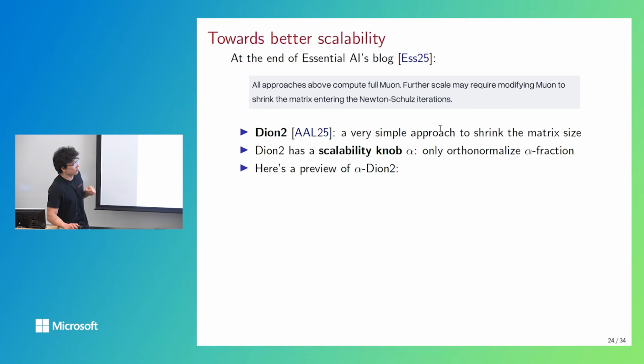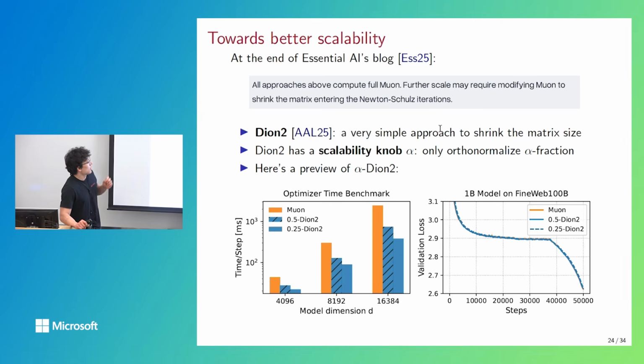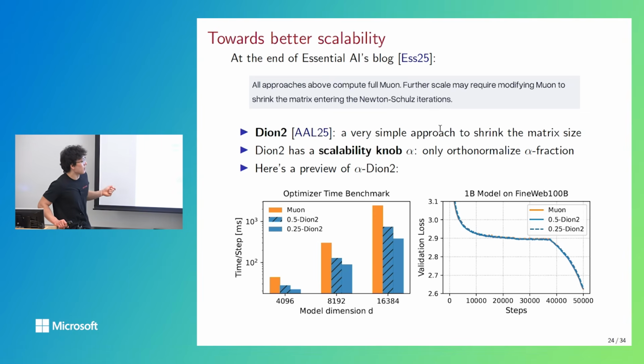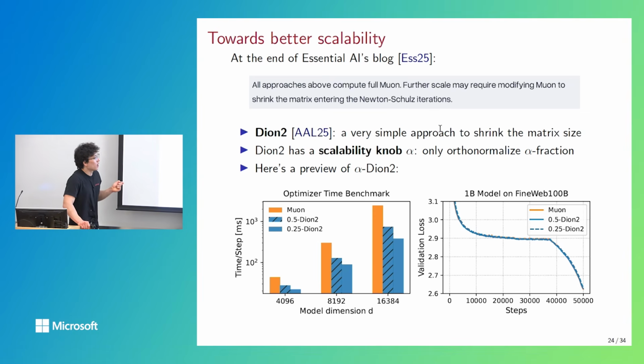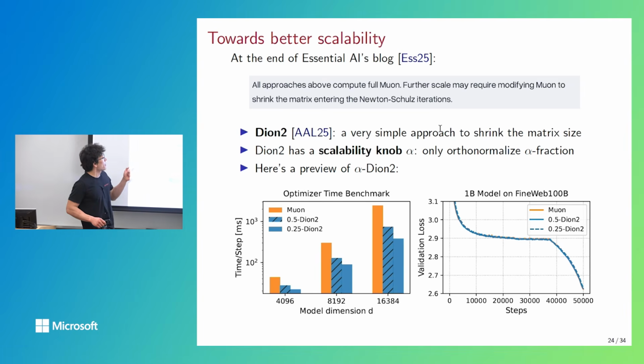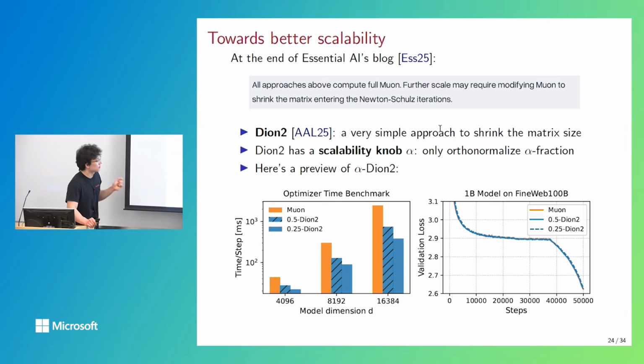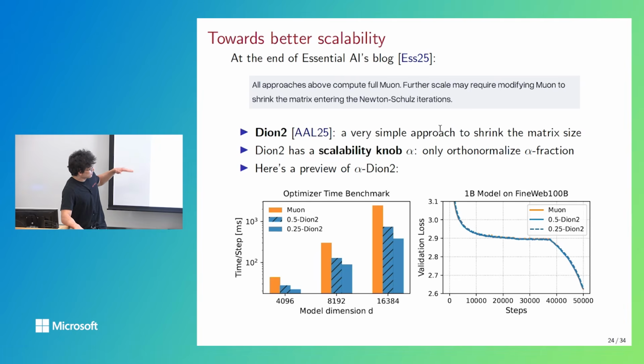So here's the result preview of Dion 2. On the left-hand side, I'm showing you the optimizer step micro benchmark, comparing mu1 and Dion 2 with alpha chosen to be 0.5 and 0.25. And you see that there's computation saving because we're only orthonormalizing a fraction of it.